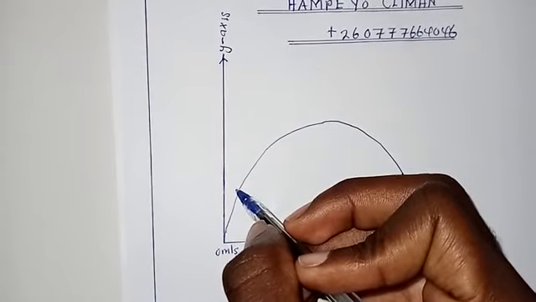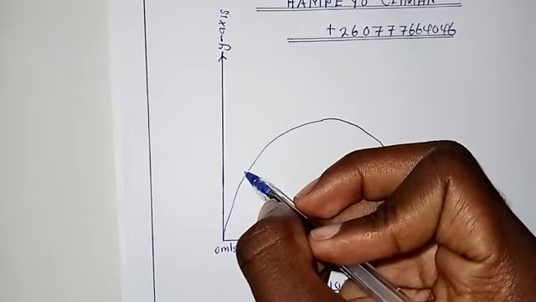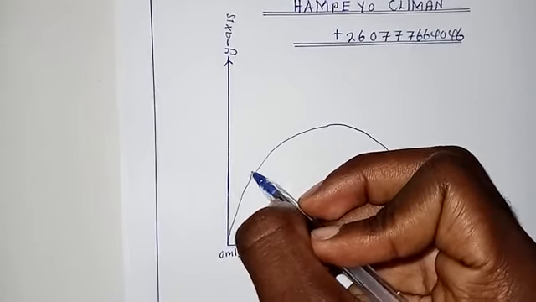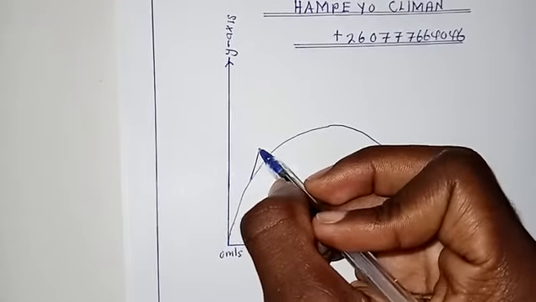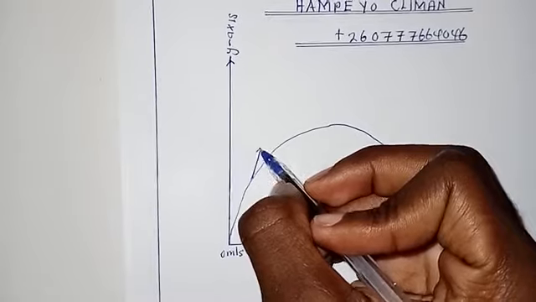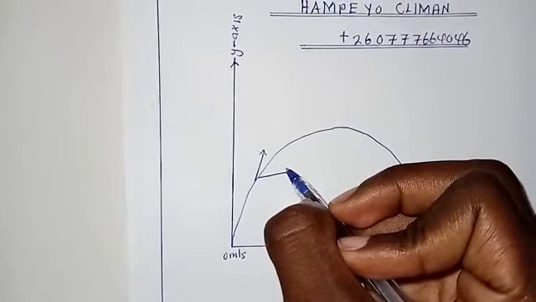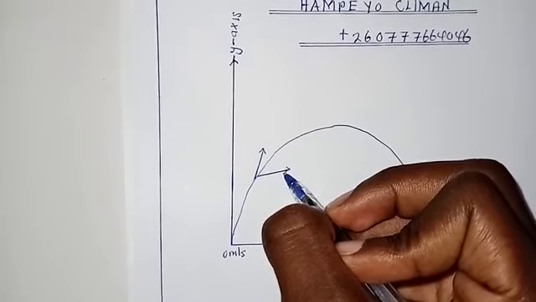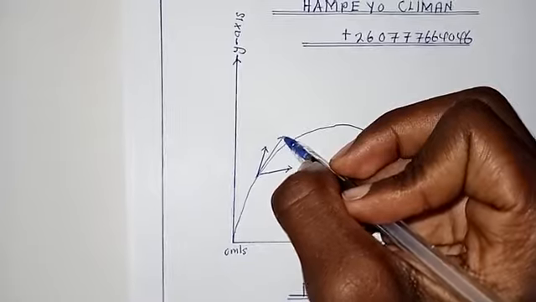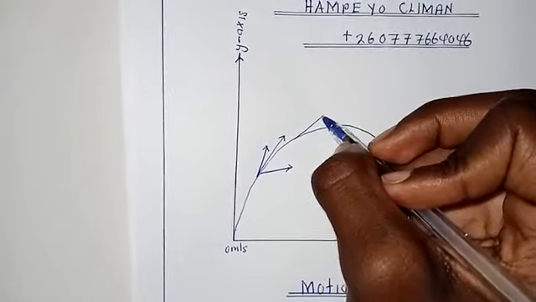So at every particular period of time, you can have something like this. This is also going to be a motion of a stone. At the same time, you also have something like this. So this is the motion of the stone. At this point, you're going to also have something like this.